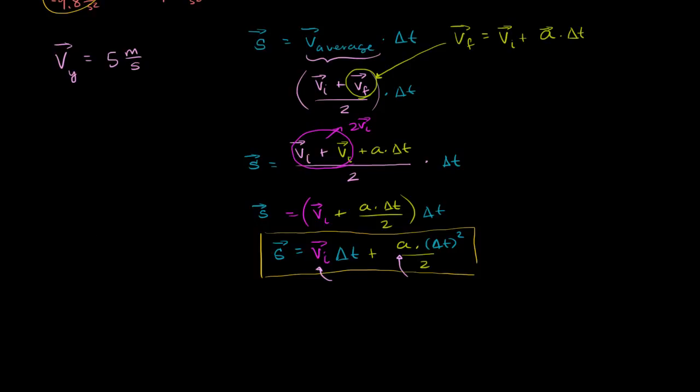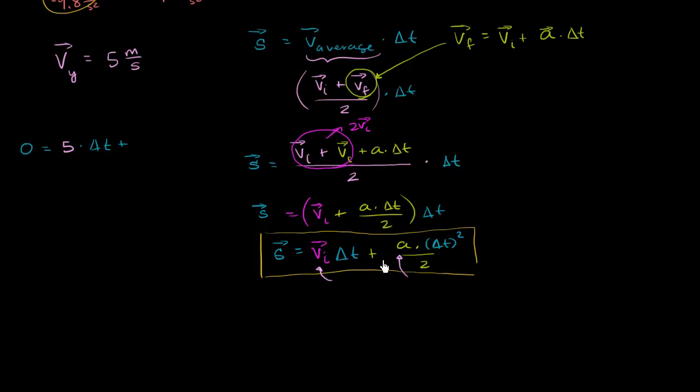So let's apply that. We have the displacement is going to be 0. So 0 is equal to our initial velocity, which is 5 meters per second upwards. I won't write the units just for the sake of space. 5 times change in time, plus, what's our acceleration? Well, our convention is if the one-dimensional vector is going downwards, it's negative.